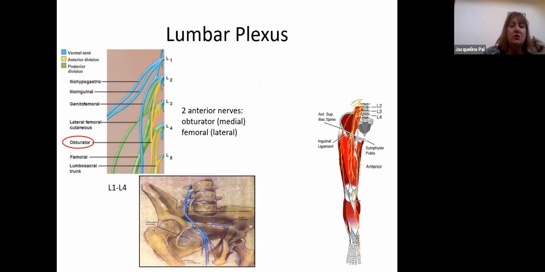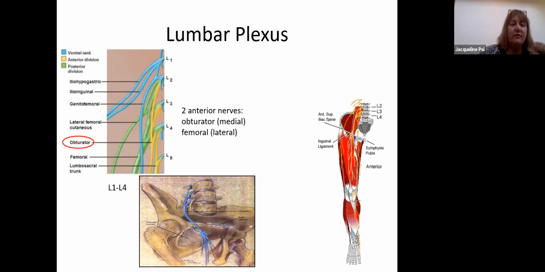The first nerve actually travels through a foramen, a hole in your coxal bone, your hip bone, the obturator foramen, and that's where it got its name, because the name of this nerve is the obturator nerve. The obturator nerve goes to the medial aspect of your thigh, and so it is going to be innervating all of those muscles which are doing hip adduction.